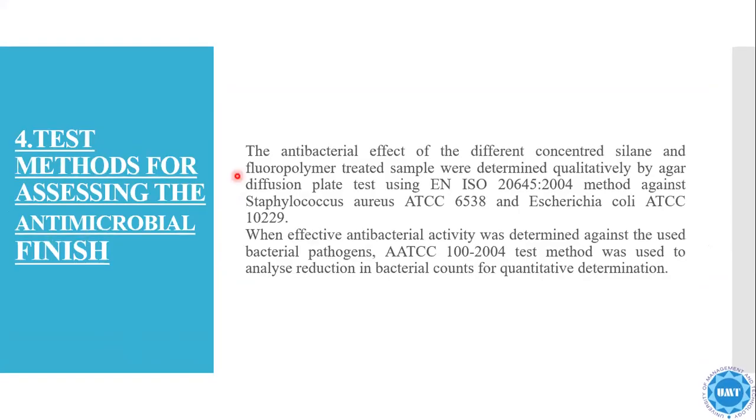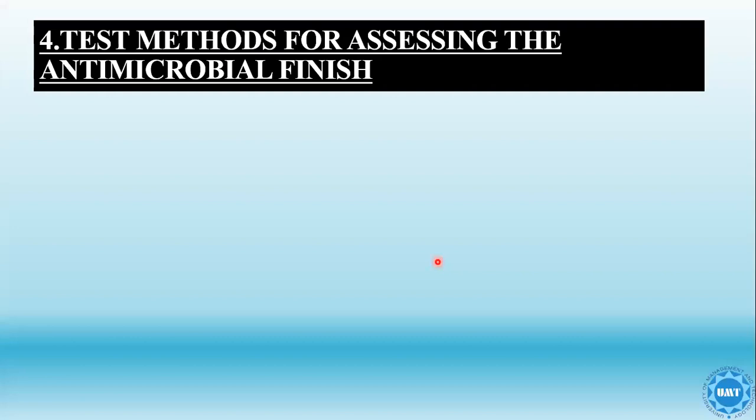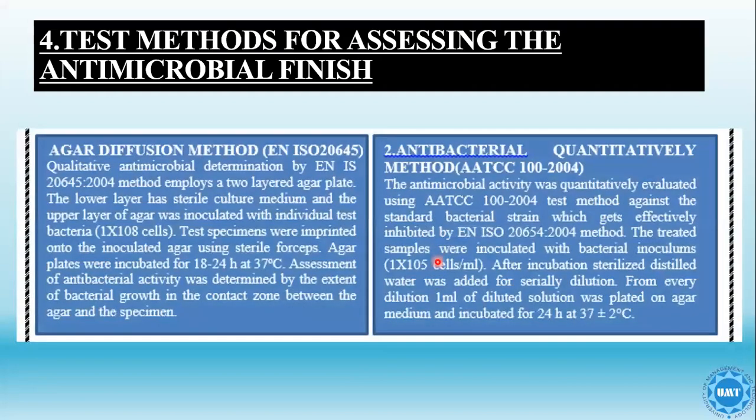What is the test method for assessing the antimicrobial finish? The antibacterial effect of the different concentrations of silane and the fluoropolymer treated sample was determined. These are the AATCC tests that were described earlier. Test methods for assessing the antimicrobial finishes are the agar diffusion method and the antibacterial quantitative method.